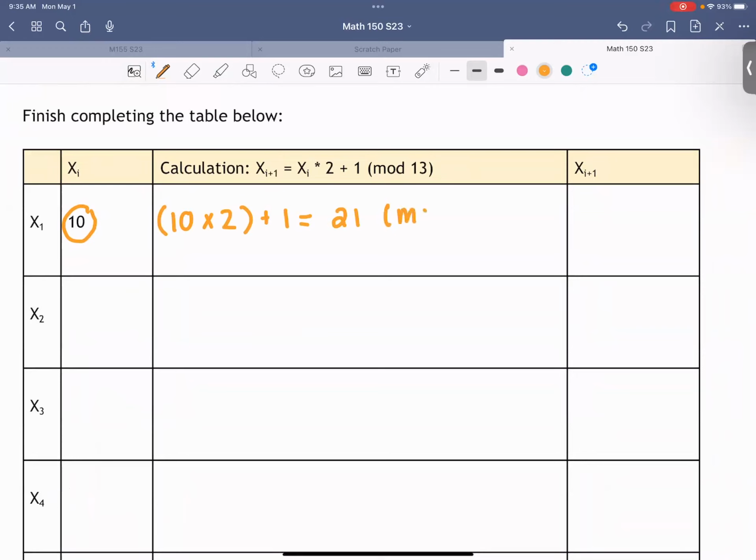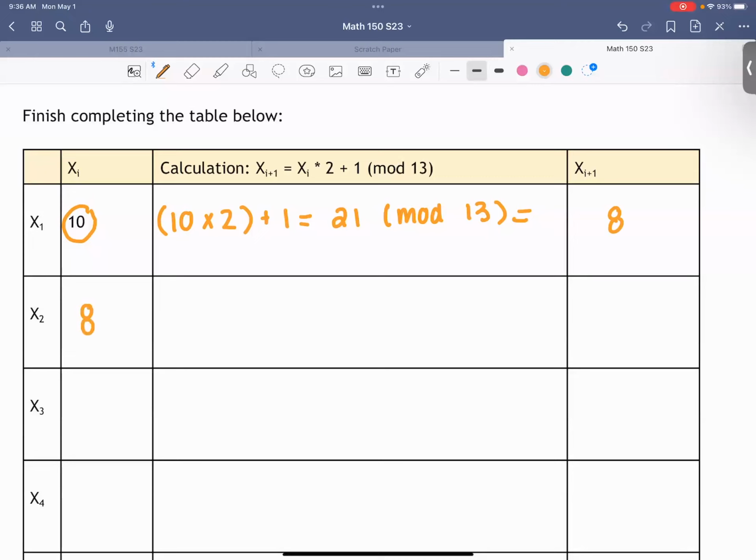So we're going to hit it with the mod 13. What is 21 minus 13? 8. Is 8 between 0 and 12? Good, so we don't have to do anything. 21 mod 13 is 8. So our next number in the sequence is actually a number between 0 and 12. It's not any bigger than 10. So my next number is 8.